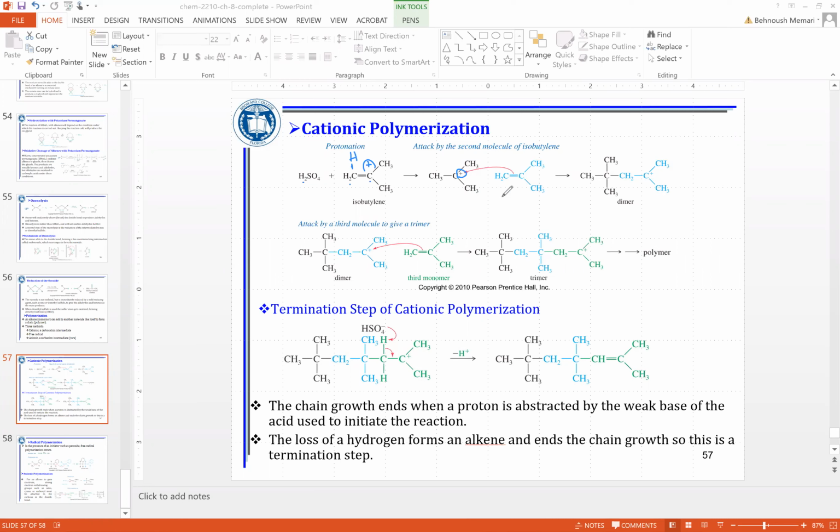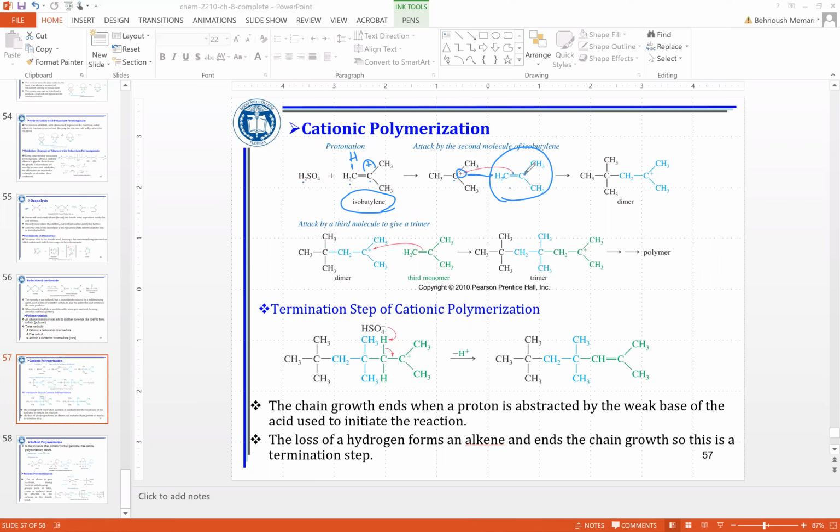Then a second molecule of the monomer, isobutylene, we have plenty of this isobutylene in the reaction mixture because this is the only reactant you have, would attack this carbocation because you have a carbon-carbon double bond. The pi bond from it is going to form a new bond between a carbon from isobutylene and a carbon from the carbocation.